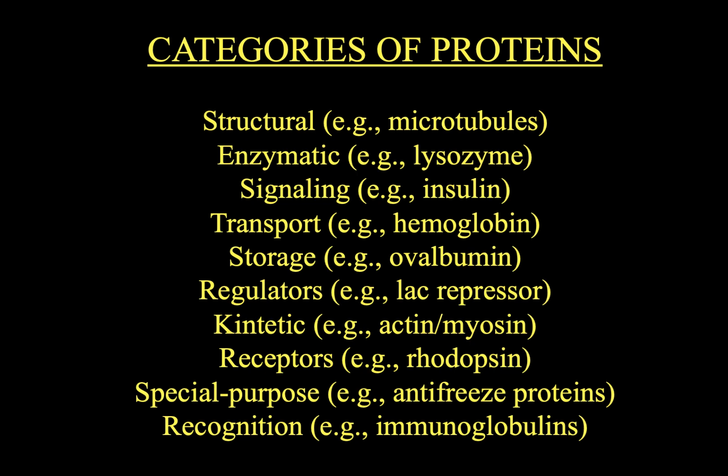So from translation, of course, you get proteins, and proteins have between 50 amino acids and hundreds of amino acids in length, depending on the protein. And they perform many of the functions that RNAs used to perform, and many more.